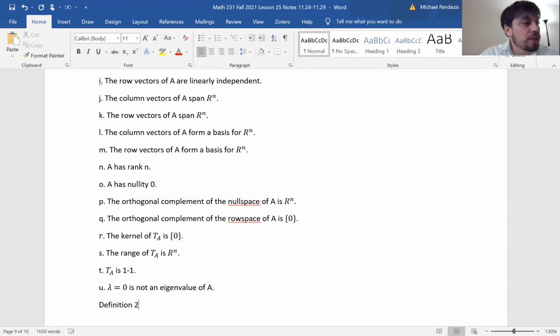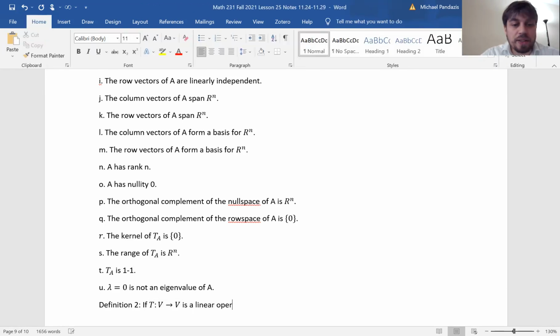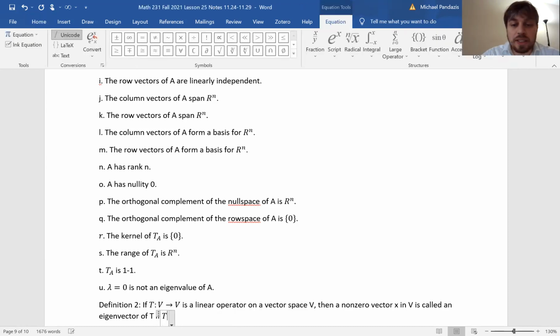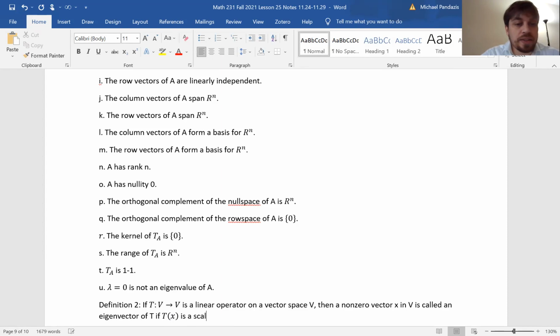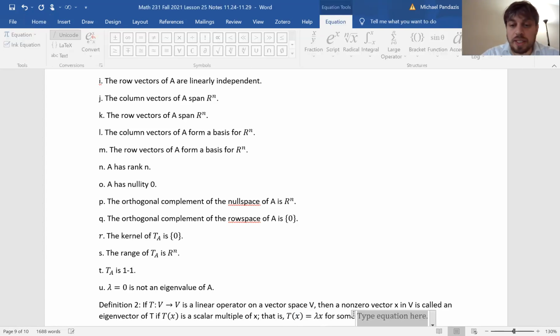And definition 2: if T from V to V is a linear operator on a vector space V, then a non-zero vector X in V is called an eigenvector of T if T of X is a scalar multiple of X, that is, T of X is equal to lambda X for some lambda.